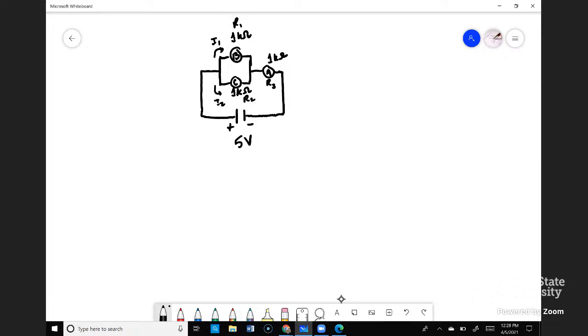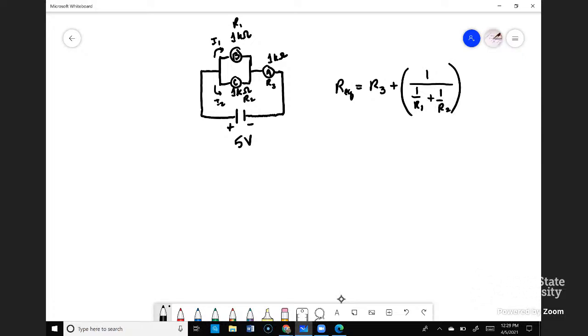Okay, so the equivalent resistance is going to be equal to R3 plus the parallel combination of R1 and R2. And so for that, we would have the reciprocal of 1 over R2 plus 1 over R1.